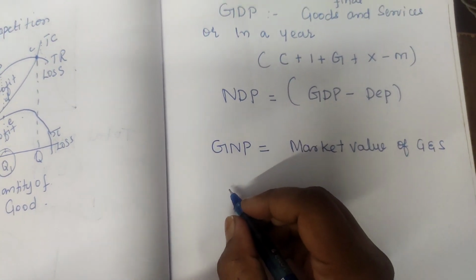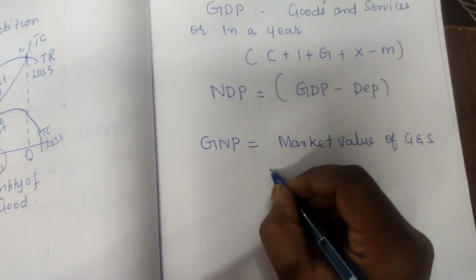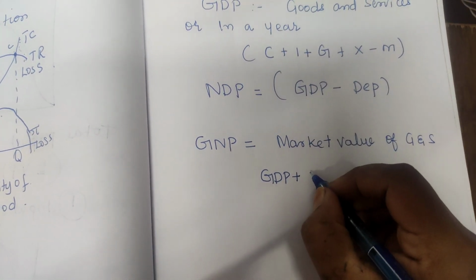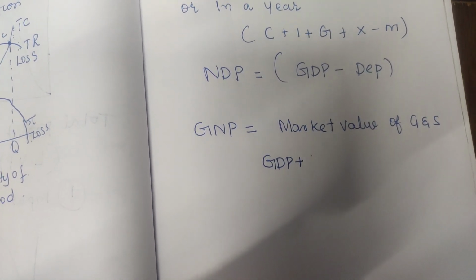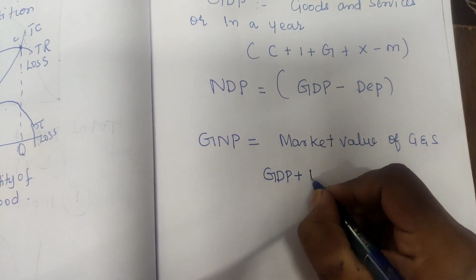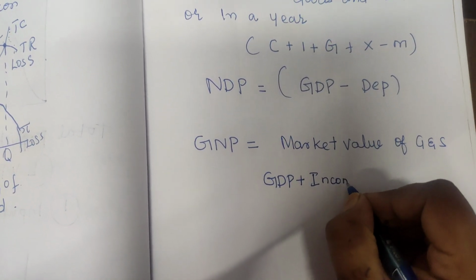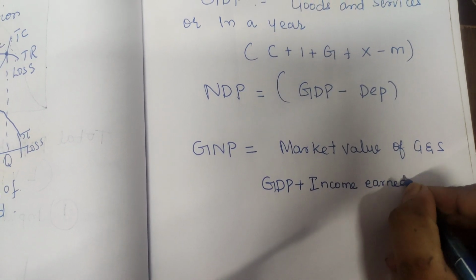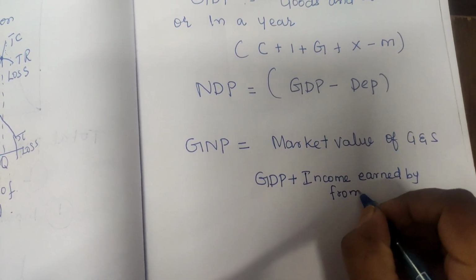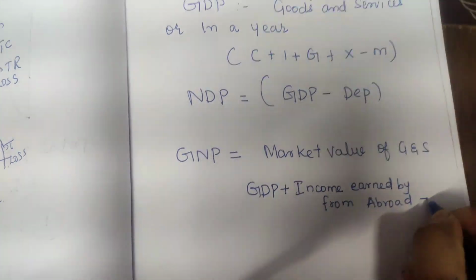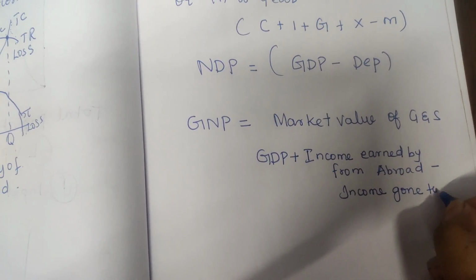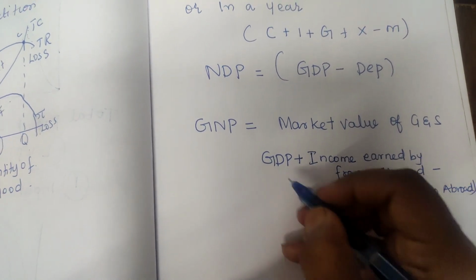So how we calculate GNP is GDP plus factor income earned by the domestic factors of production employed, that is, income earned by Indians or domestic people from abroad, minus income gone abroad. So this is our GNP.